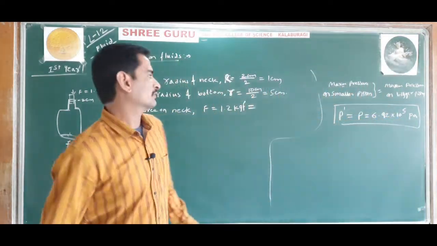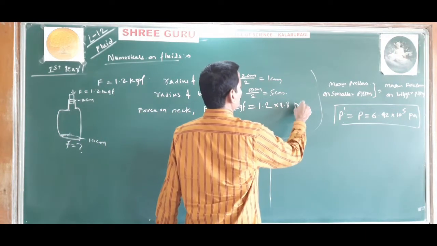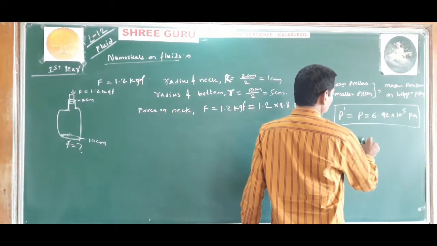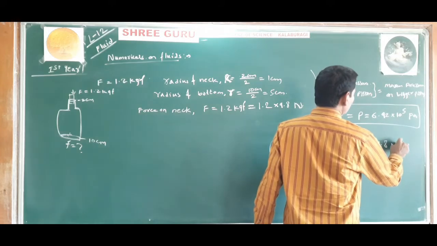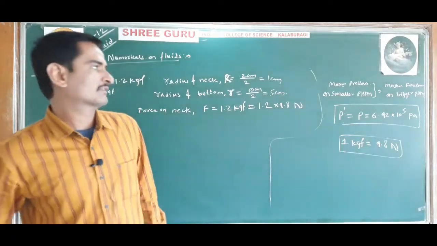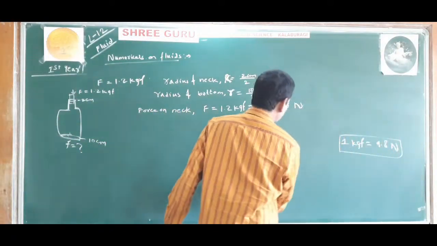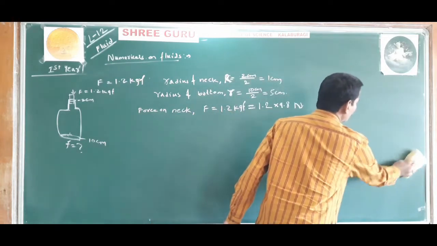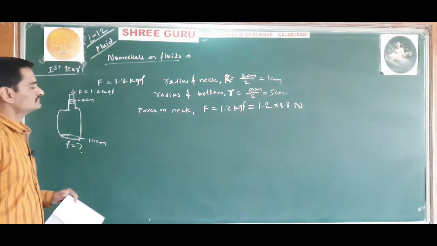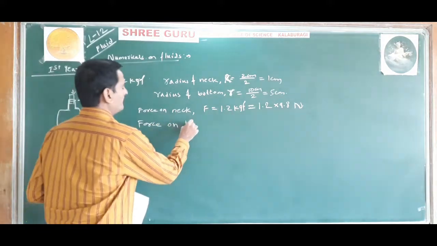So this can be written as 1.2 into 9.8 Newton. The relation is that 1 kgf is equal to 9.8 Newton. So multiply that with acceleration due to gravity, 9.8, then you will get force in terms of Newton. Understood? Okay.